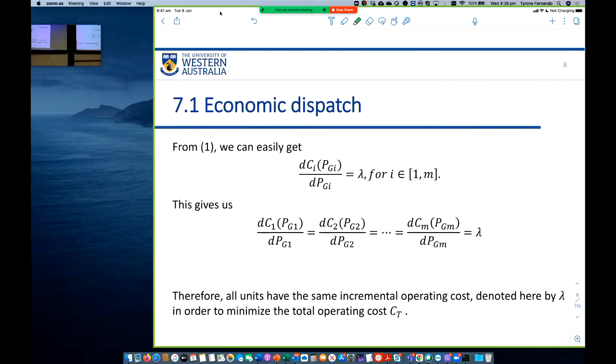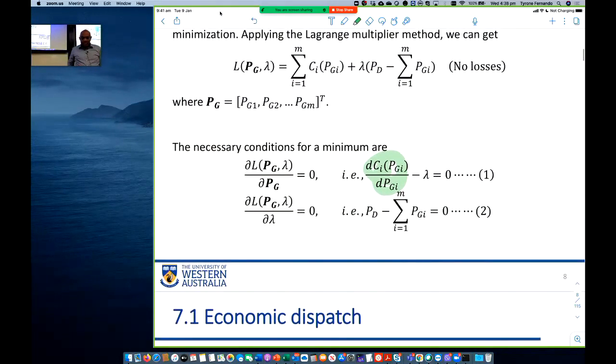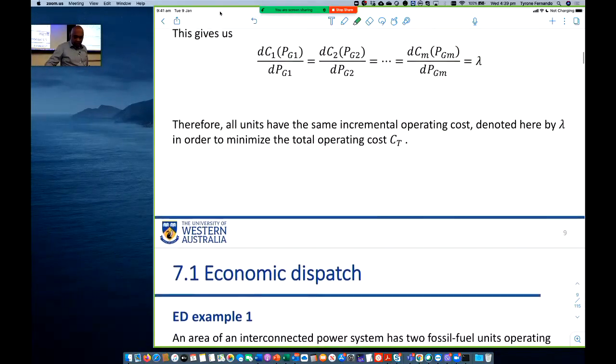When it's optimized, the incremental cost of generating a unit of power for all the generators must be the same, and that is what you call lambda. And the second equation is simply telling us that the sum of power generated must equal the demand.